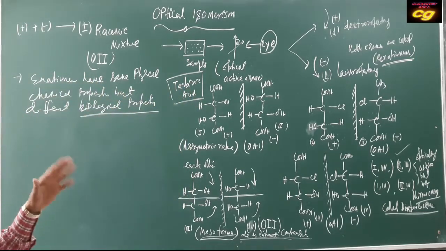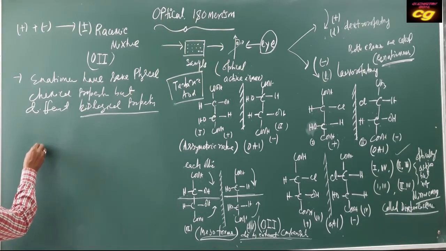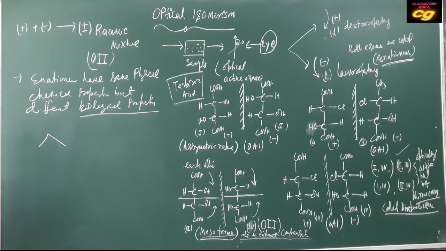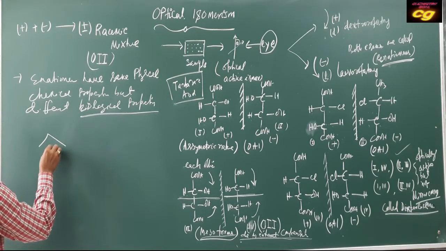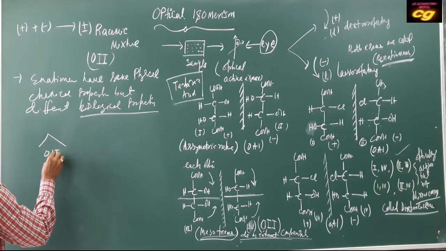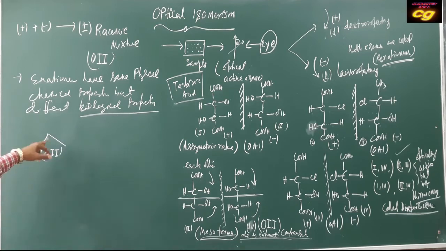Then I will give some examples which are optically active or inactive. If the structure is like this, it is optically inactive, because a plane of symmetry is there.